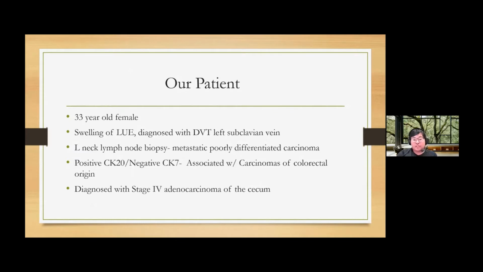So it doesn't tell you the type of cancer, but it can tell you where the primary site is. So it's a pretty powerful tool. CK20 positive, CK7 negative is usually associated with carcinomas of colorectal origin. So eventually she was diagnosed with stage 4 adenocarcinoma of the cecum.